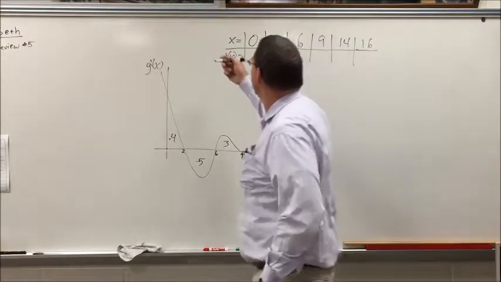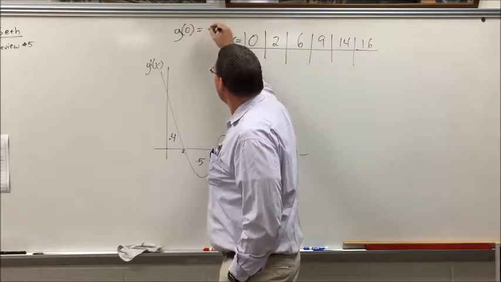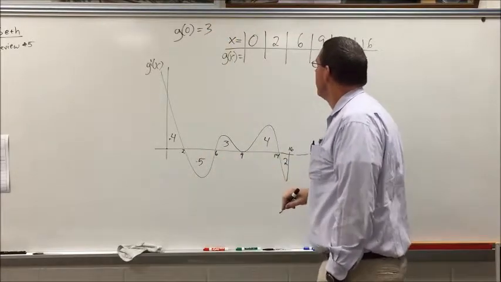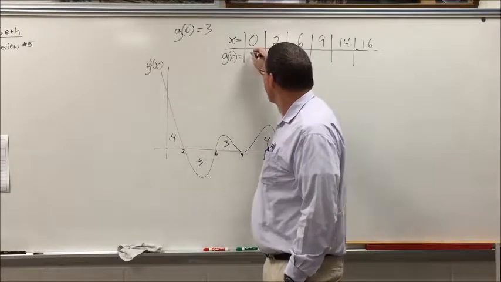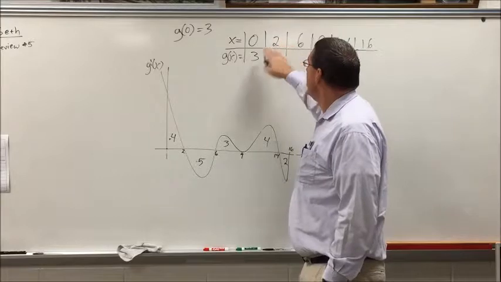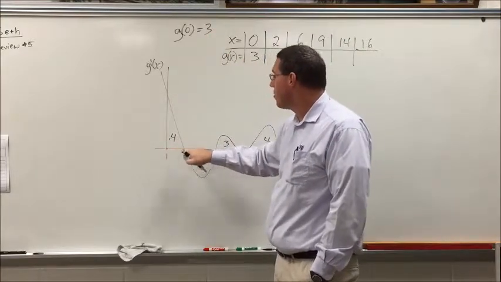Now what if I knew that g of 0 was equal to 3? So at 0, g of x is 3. At 2, g of x is 3 plus whatever I accumulate from 0 to 2.